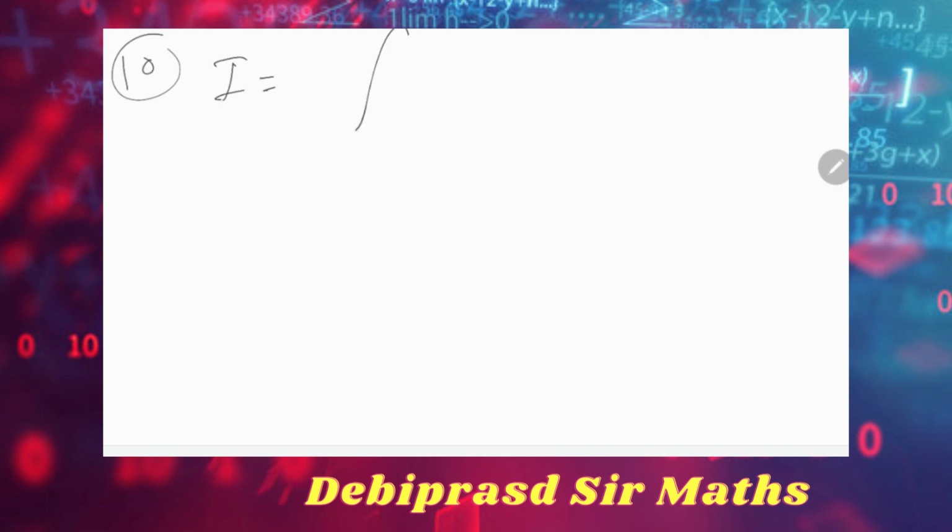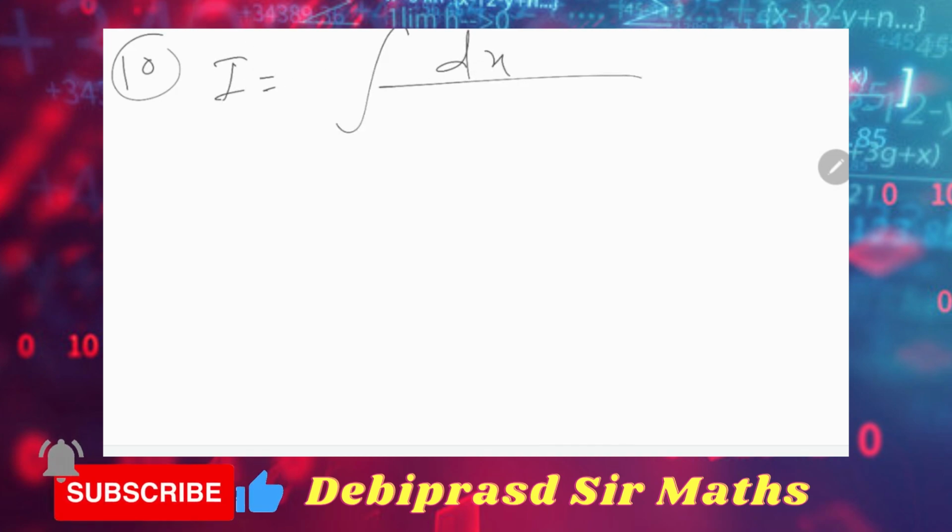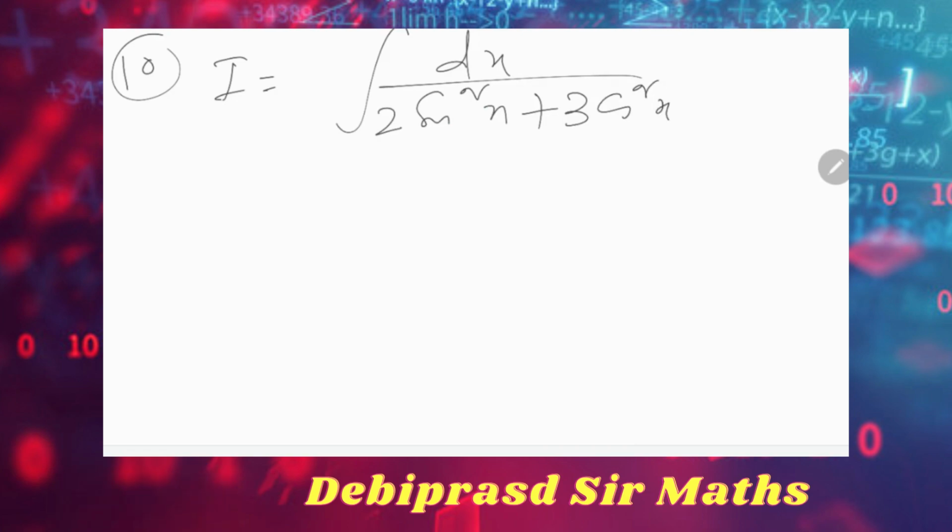I is equal to the integral of dx by 2 sine square x plus 3 cos square x. For this pattern, I will multiply numerator and denominator by sec square x.